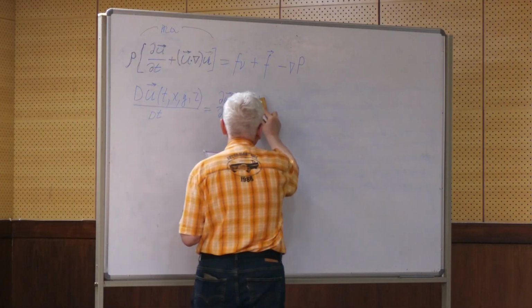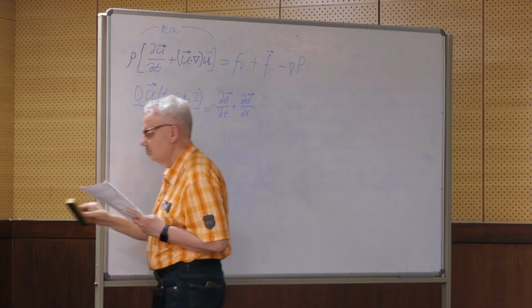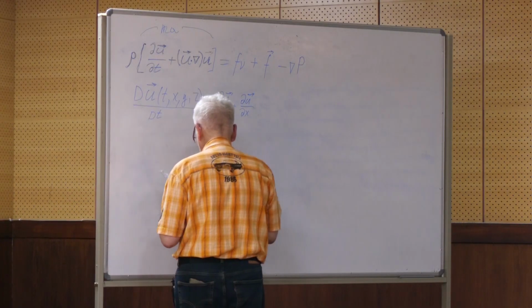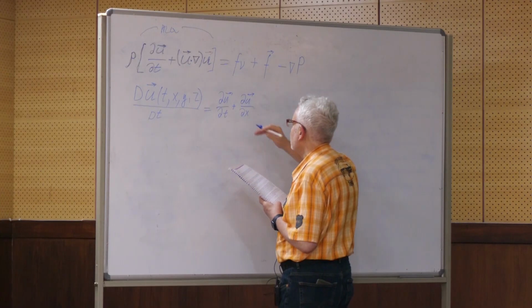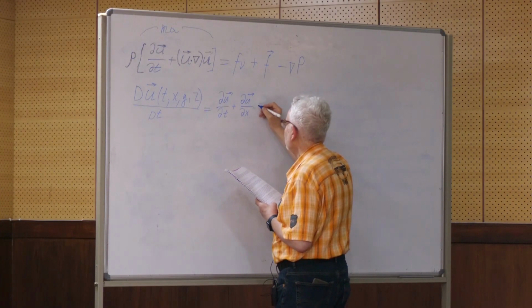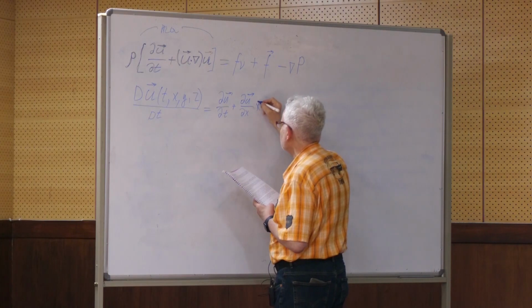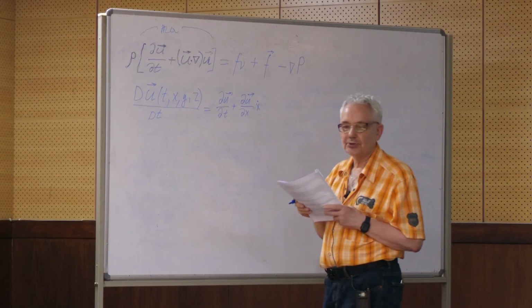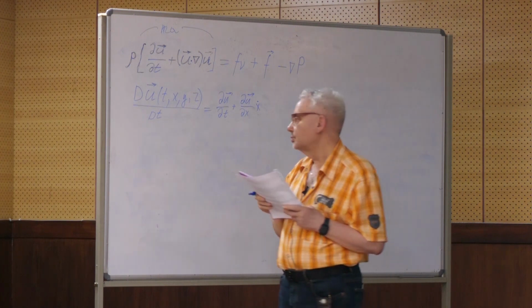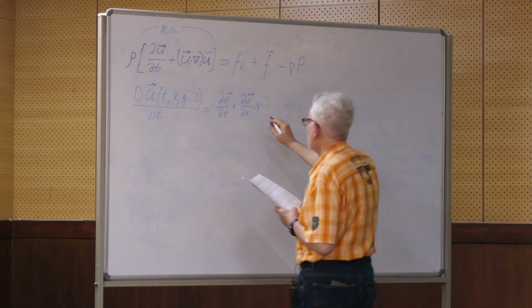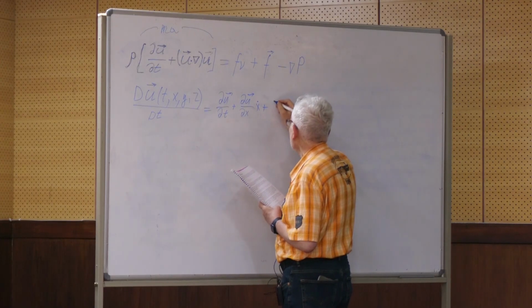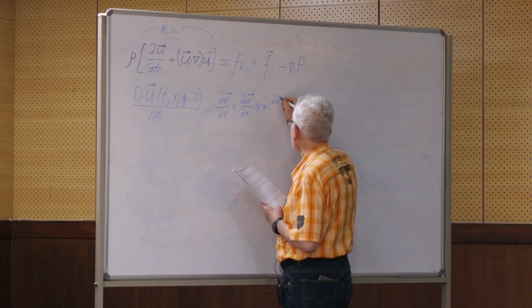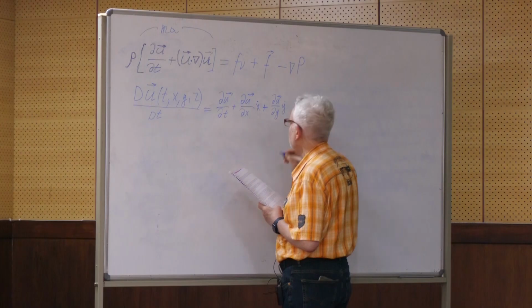Just to have some small difference, let's do it in a slightly different notation. Here we should have the direct derivative of x by dt, and often it's just denoted by a point over the x. So now we have the x component. Then of course the next comes, du by dy and y with a point.